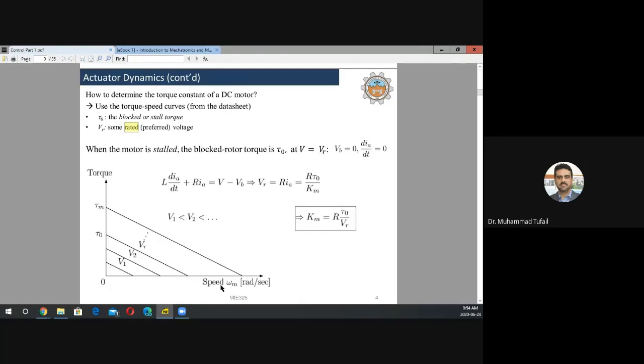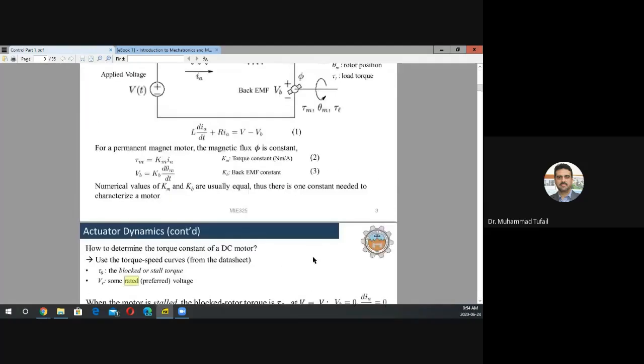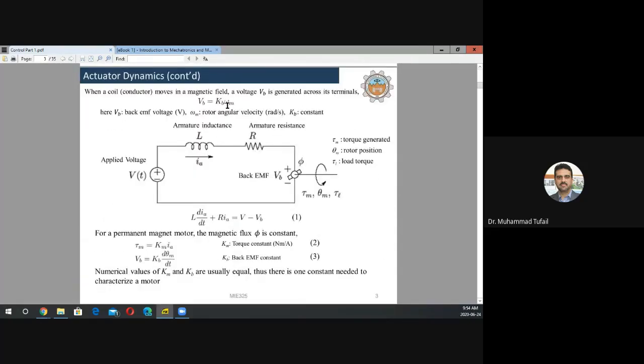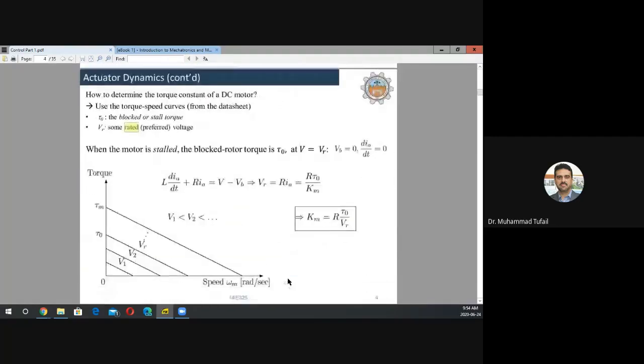So now we know that the speed is 0. So the back EMF is 0, because the back EMF is some constant times the angular speed. We saw this on the previous slide. So if the speed is 0, the back EMF is 0, and there's no change in the voltage. There's no change in the current.